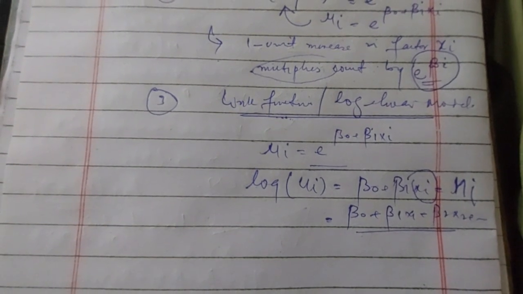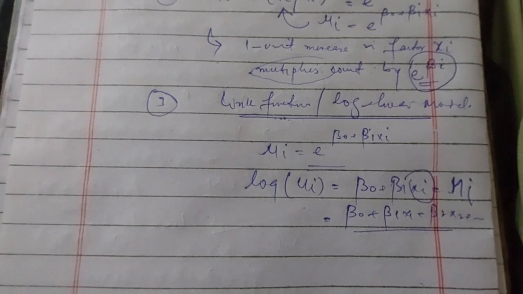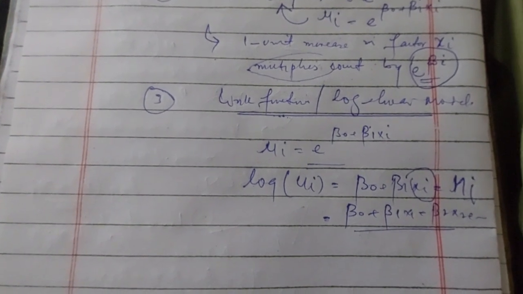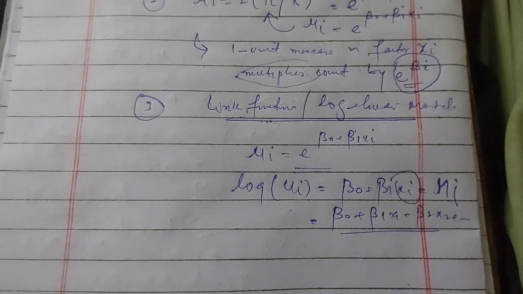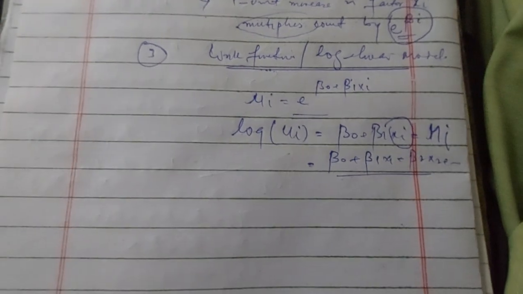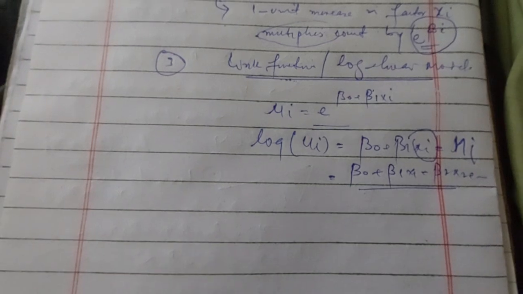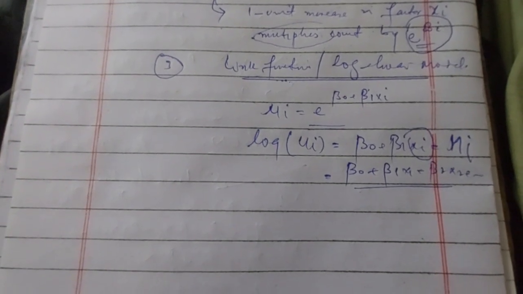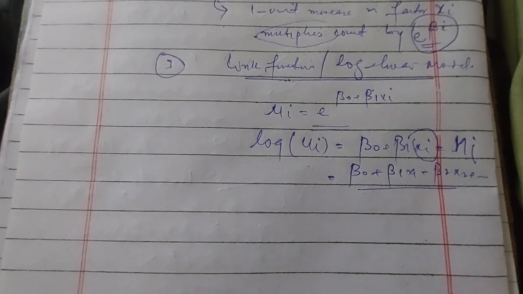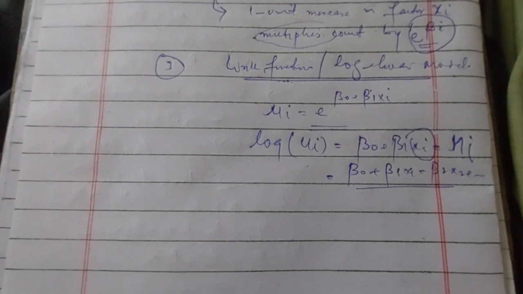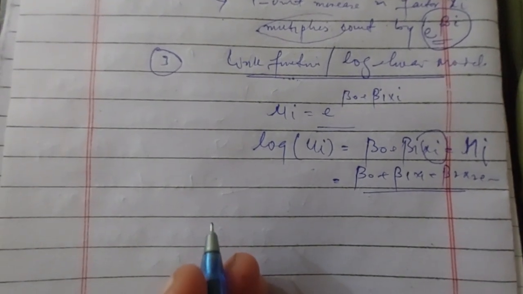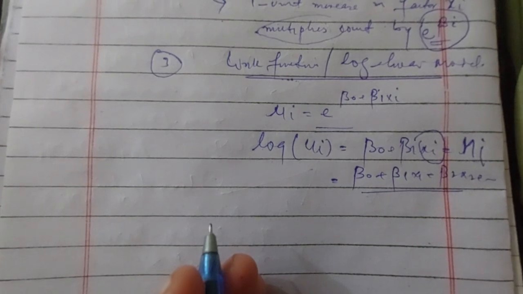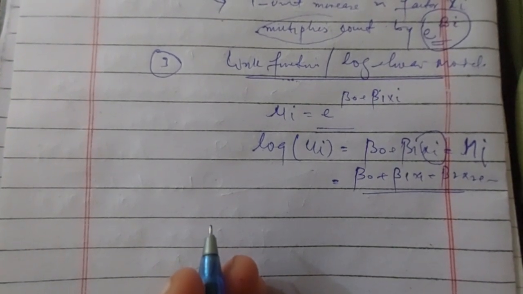By explanatory variables I mean the xi's, the number of x's that we have. We use the maximum likelihood function to estimate the betas. The parameters betas are estimated using MLE, maximum likelihood estimation.